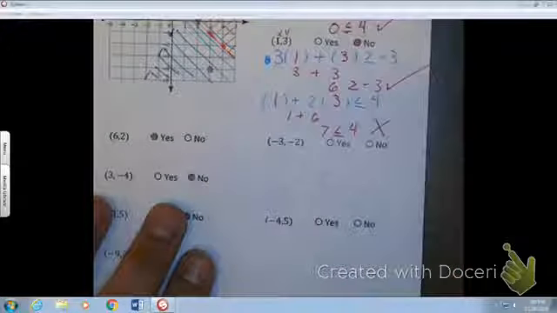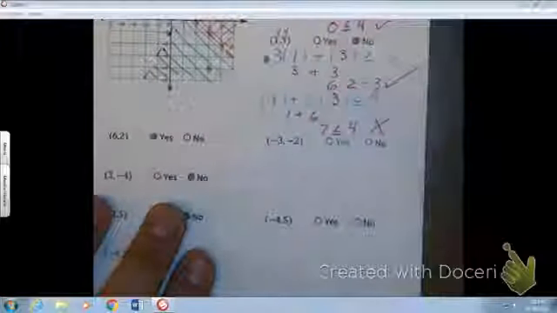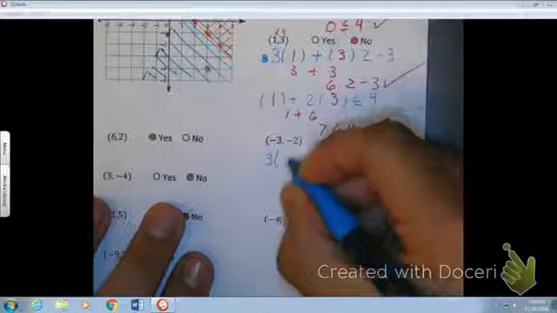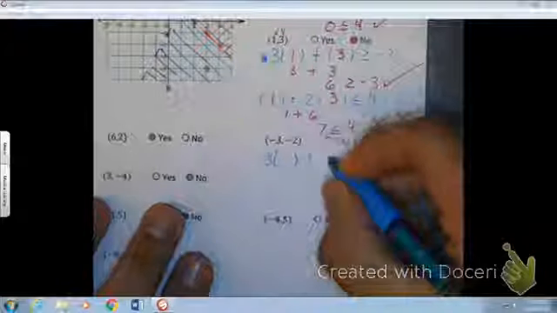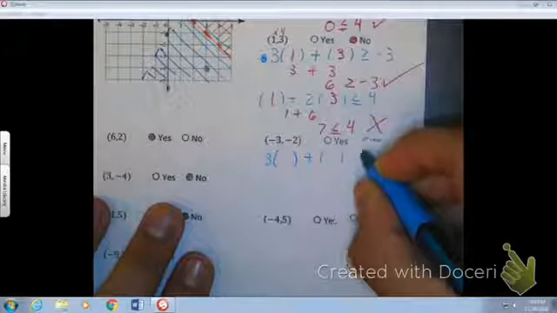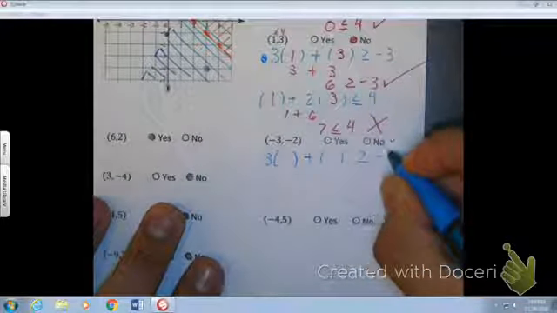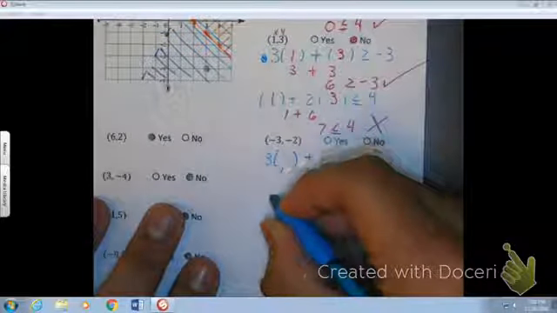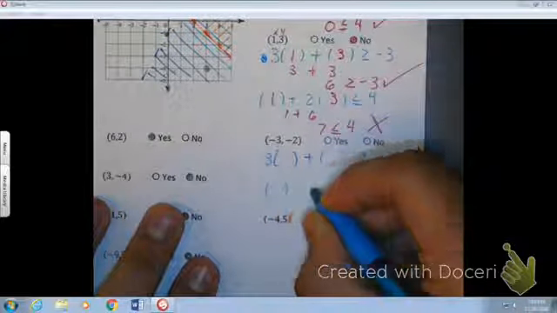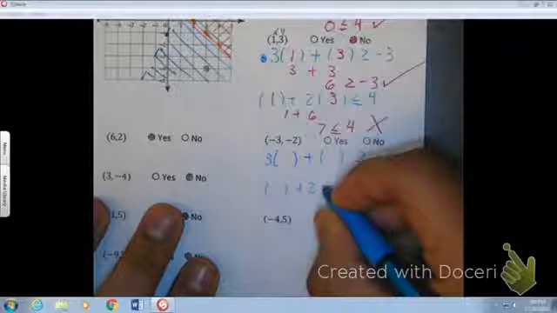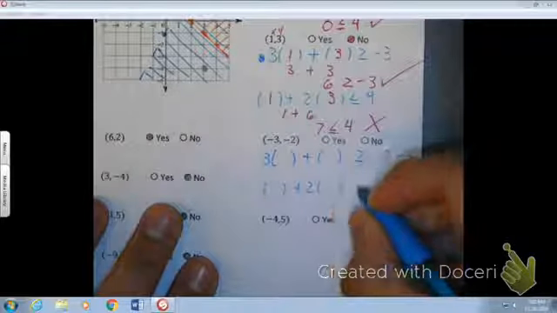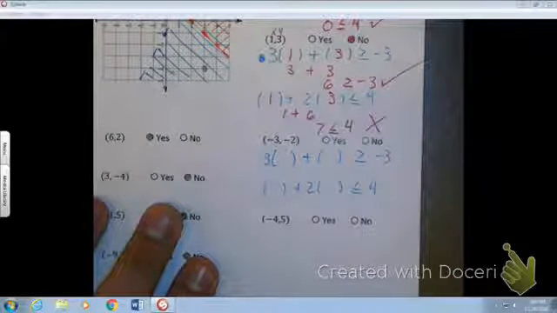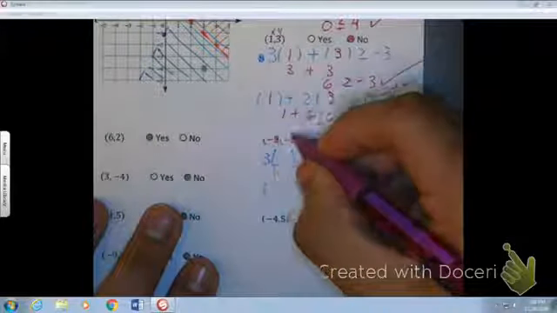Let's try the next problem. 3 times x plus y has to be greater than or equal to negative 3. And then we have x plus 2y is less than or equal to 4. Once again, this is an x, this is a y.